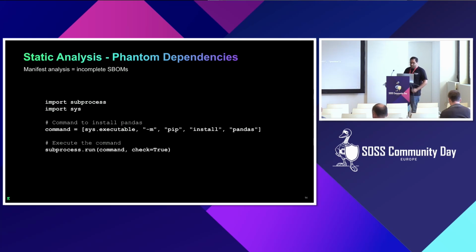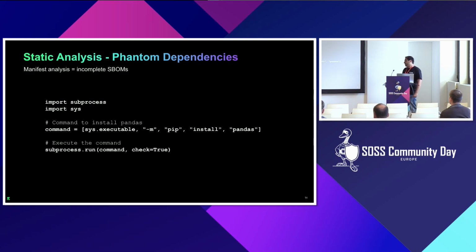So another reason why it's important to do static analysis and source code analysis is to detect cases of phantom dependencies. Because you can find in some cases that if you just rely on building your manifest, your dependency tree, and you use that for your SBOM, you might miss things.